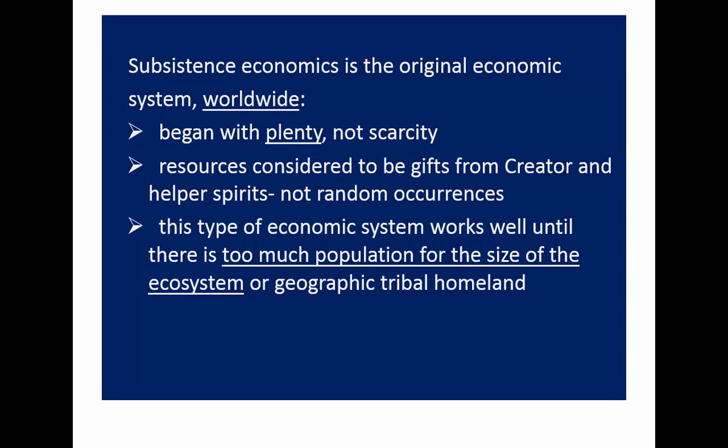Became too large for the ecosystem. The tribe splits and part of them moves a little ways away, traveling distance, so you can still visit each other. Another valley, over another mountain range. And that would be the way to keep systems in check.